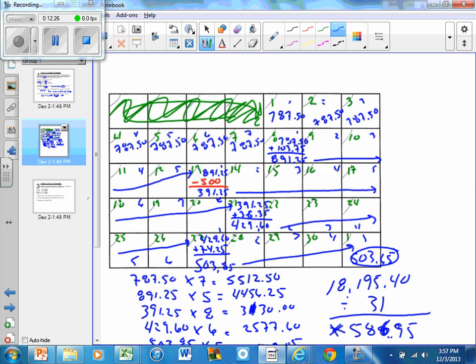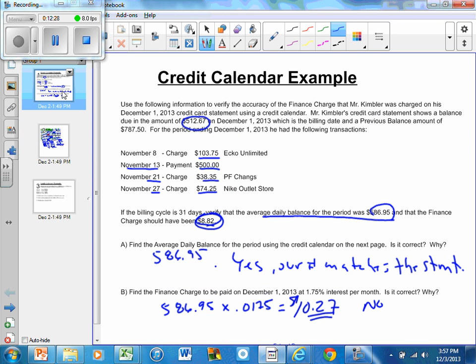Okay, so it should be $503.65 plus our finance charge of $10.27 for a grand total of $513.92. So the credit card company made some sort of a mistake. Our statement balance is actually less than it should be, which works out to our favor, so we will not contact them and let them know.